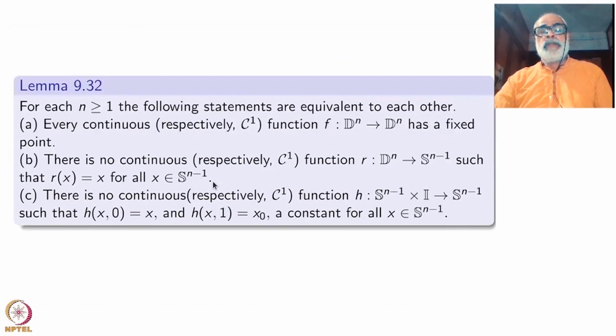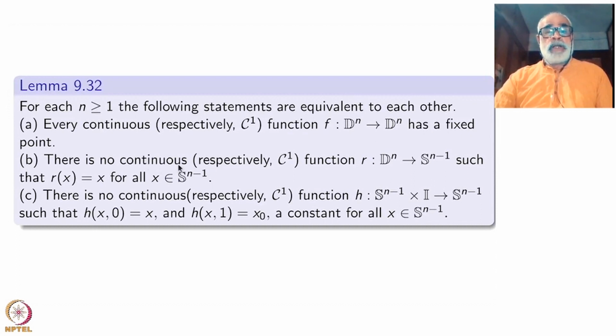So let us begin with a lemma, which gives you three equivalent conditions. All of them are statements of, not a conclusion, statements of Brouwer's fixed point theorem. (A) Every continuous, respectively C1, function f from Dn to Dn has a fixed point.